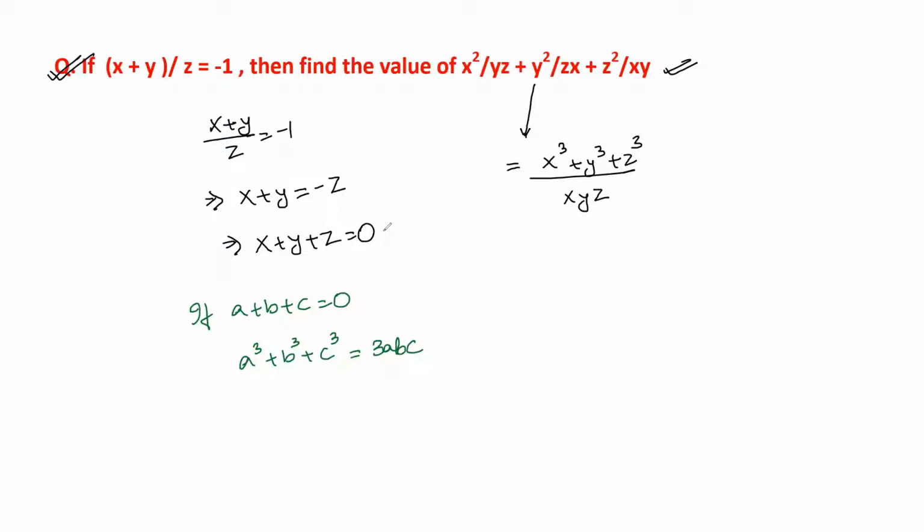So here x plus y plus z is 0. So x cube plus y cube plus z cube can be written as 3 times of x, y, z. And this is divided by x, y, z. So this x, y, z and x, y, z can be cancelled from the numerator and denominator. So this would be simply 3.